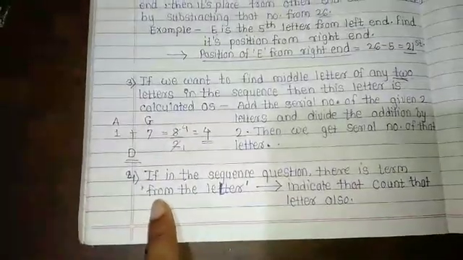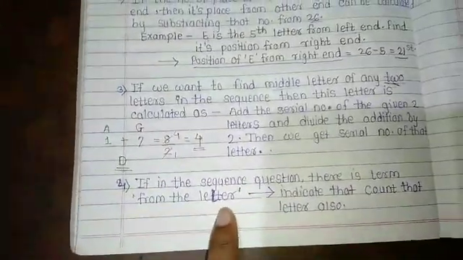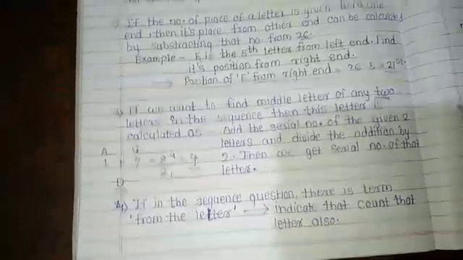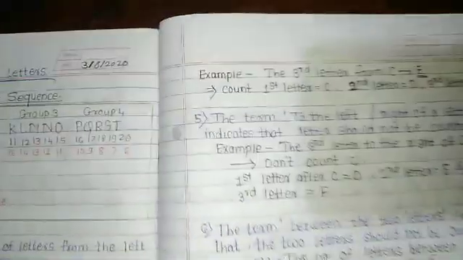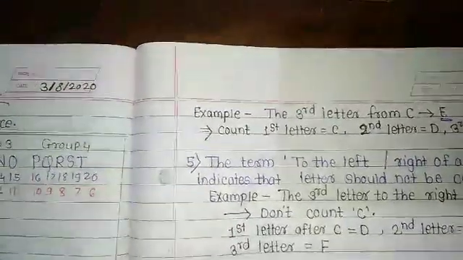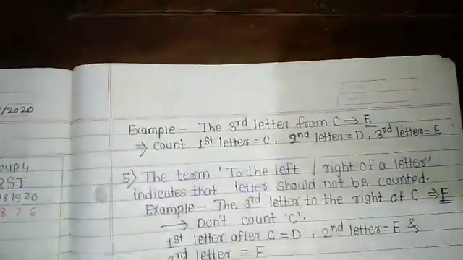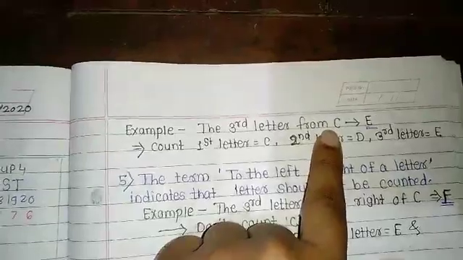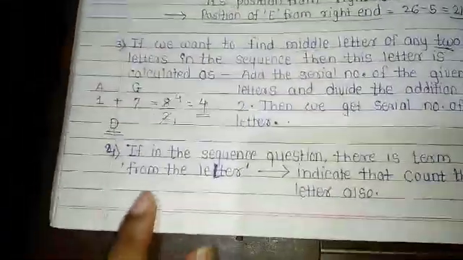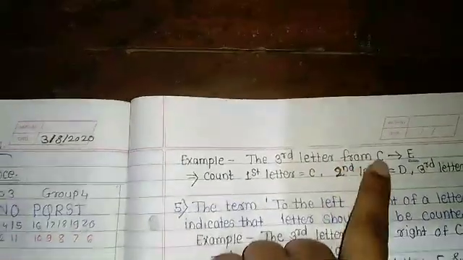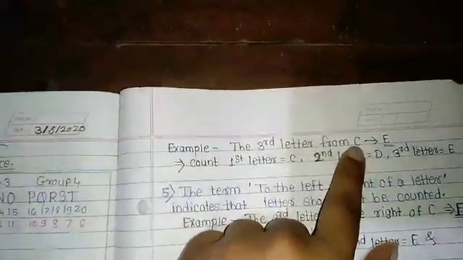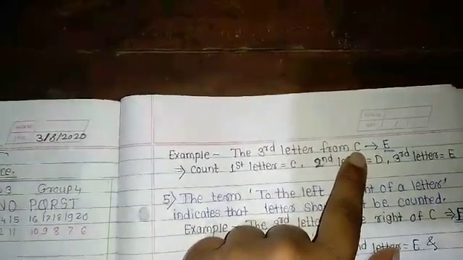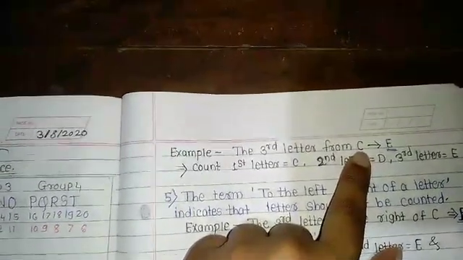Look at the example: the third letter from the C. Yes, as we see in the rule, from the letter C, we have to count the letter C also.